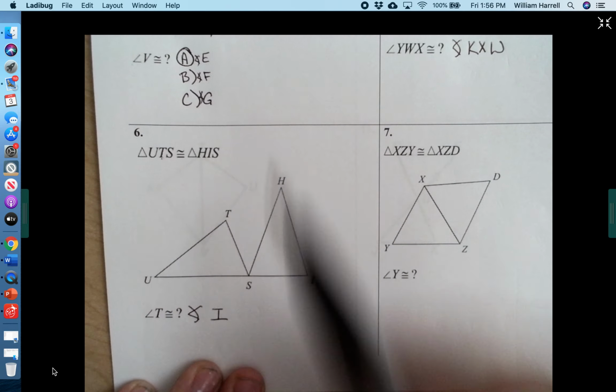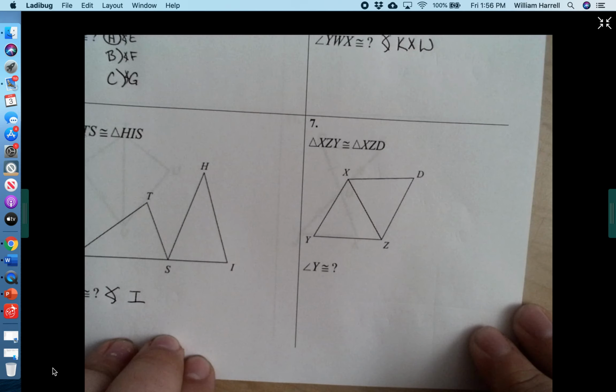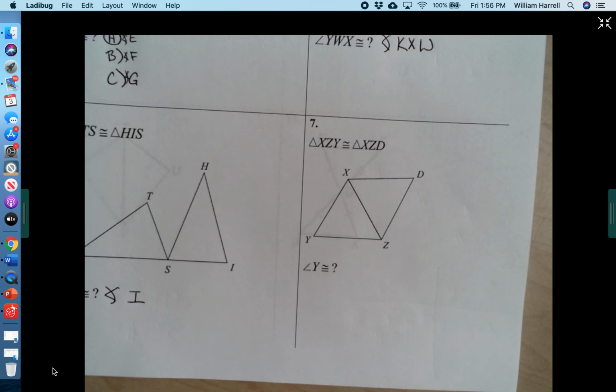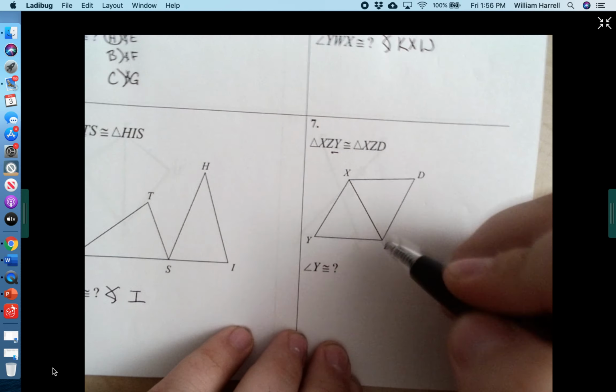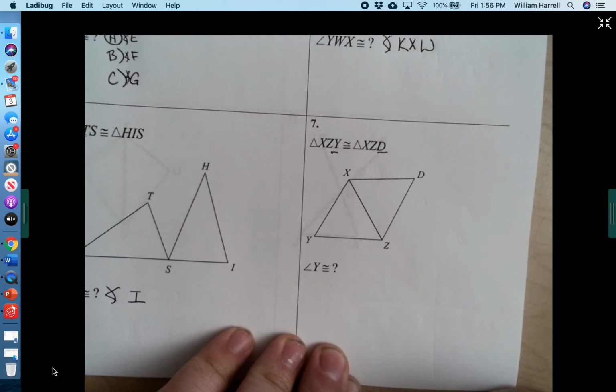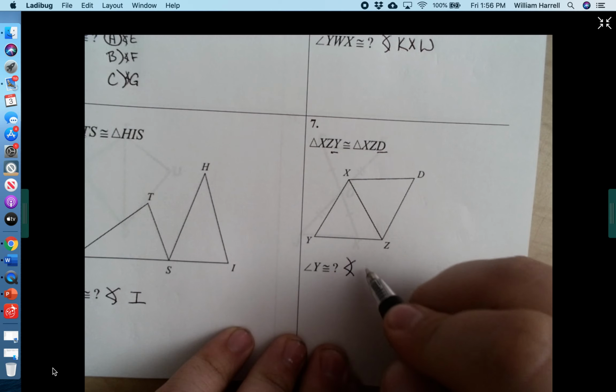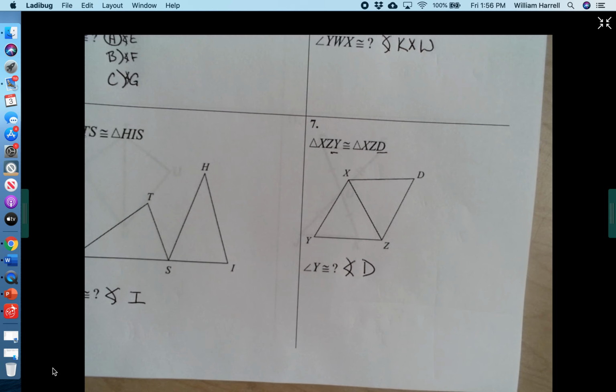It is in the middle. Now, this one, angle Y. Where is angle Y at? It's at the end. So, angle Y is congruent to angle D. Angles are that simple. Alright, I love finding corresponding angles.